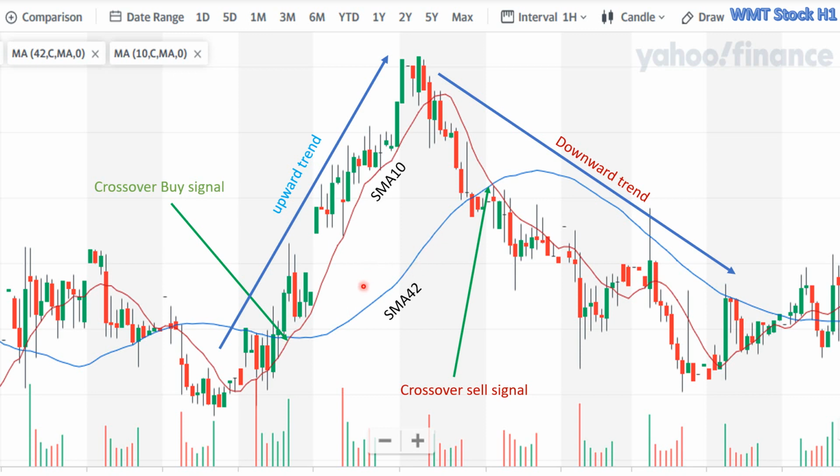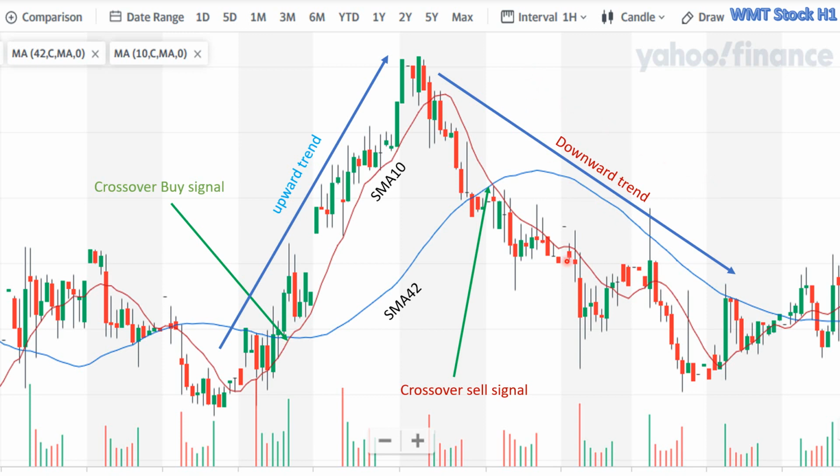Now, whenever SMA 10, the fast moving average, is above SMA 42, we have an upward trend. Whenever SMA 10 is below SMA 42, then we have a downward trend.